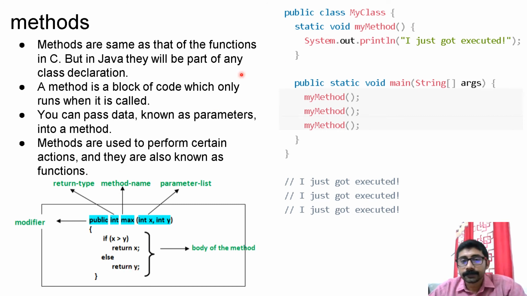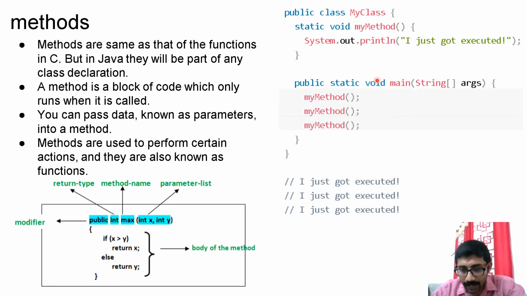Okay, let us see this example. Here I have a public class, MyClass, that has one static method, and from main I am accessing this static method. I am not creating any object, because main is also a static method present inside the same class.